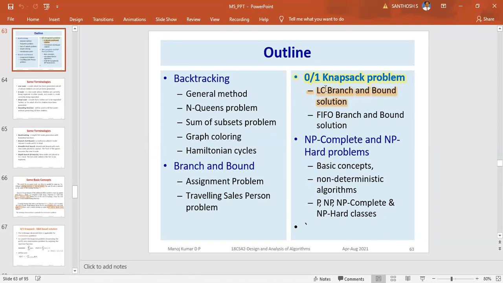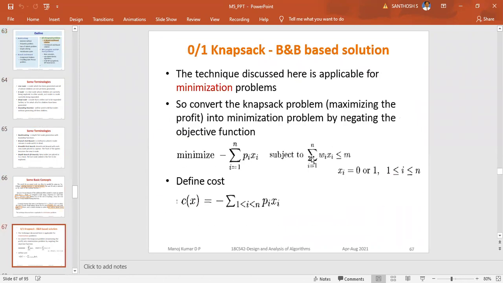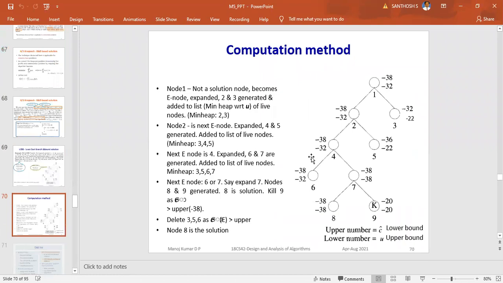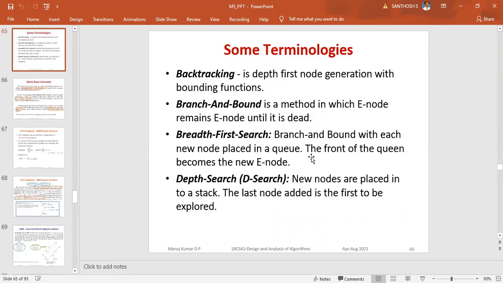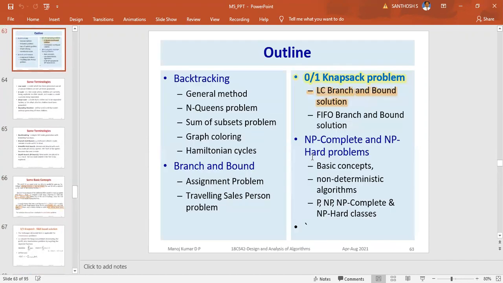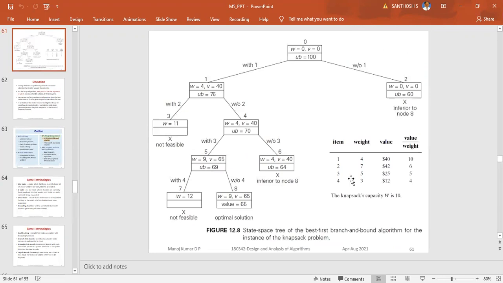We shall go with the LC branch and bound solution as well as the FIFO branch and bound solution. These are all the concepts of branch and bound, which we shall see in the upcoming classes. So that is how to understand this particular concept.